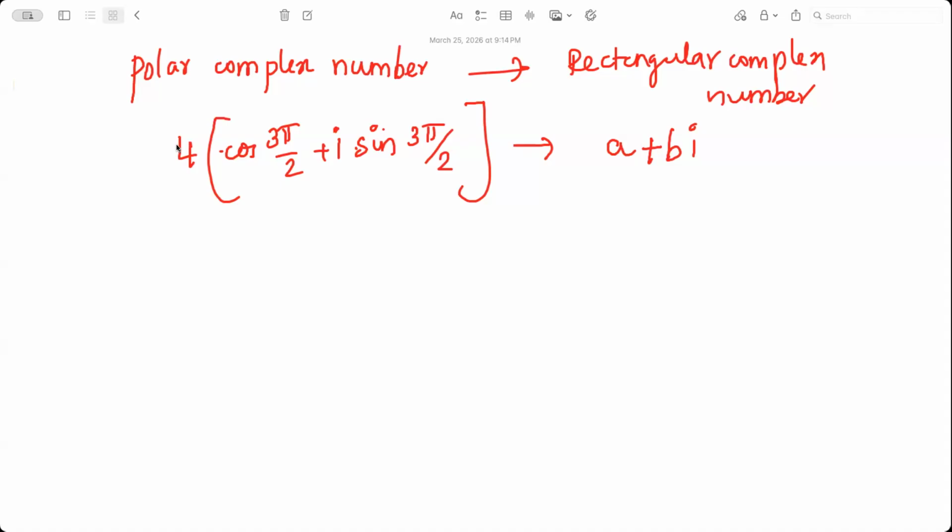So what are you going to do? a is basically 4 cos theta, b is basically 4 sin theta. So not a tough one. Advik, can you calculate that and see? It's not this complex. It's a very easy number.